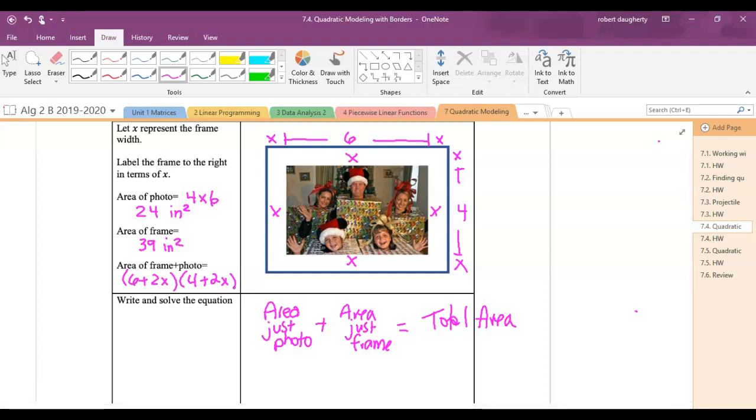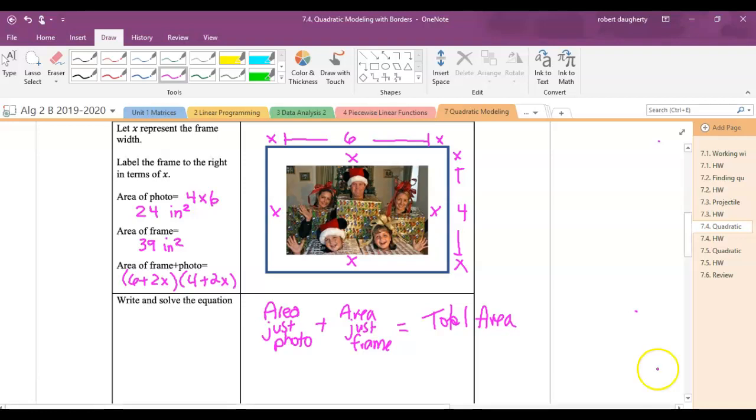So now this is going to set up into an equation. The area of just the photo plus the frame has to equal this expression right here. Does everyone see how I got that? X being the width of that frame, I was able to build something that said the area of that total frame plus the picture has to be 6 plus 2x times 4 plus 2x.